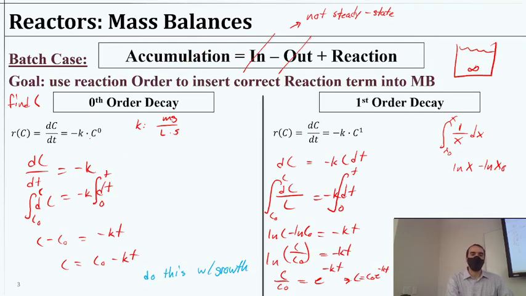What I probably should have said was V dC/dt is equal to minus k times V, but they cancel, right? So the accumulation in some volume is equal, in a batch case, to the reaction in some volume. So I should have done that to show you that these cancel.